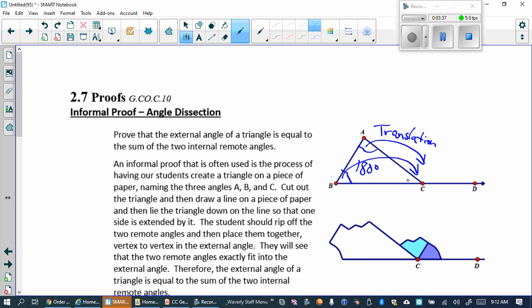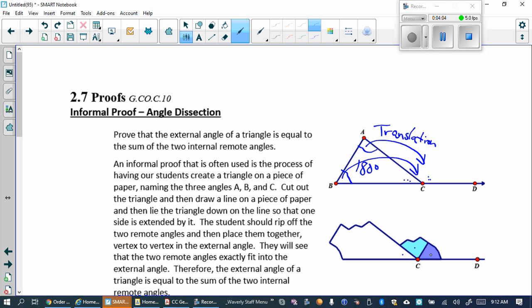We also know these two add to 180, don't they? So if you tear these two off and place them in here, they fit perfectly. You see that? And so now, since these two add to 180, what do these three add to? 180. And are these two not the ones that came from over here? Okay, so that means they're the same measure.